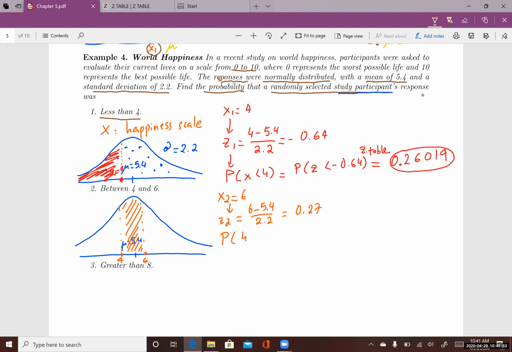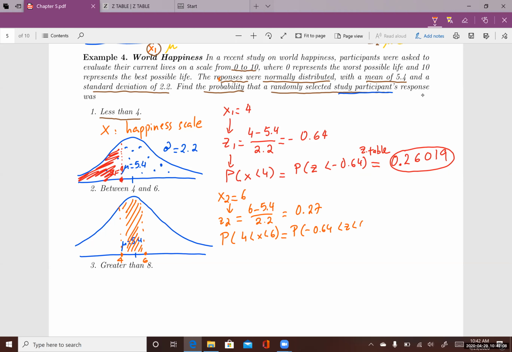All right. So now again, the goal is finding the probability of picking a value that is between 4 and 6. It's the same as the probability of picking a z value that's between negative 0.64 and 0.27.